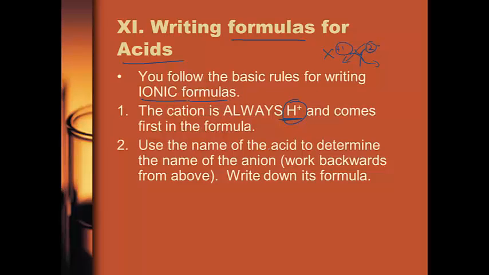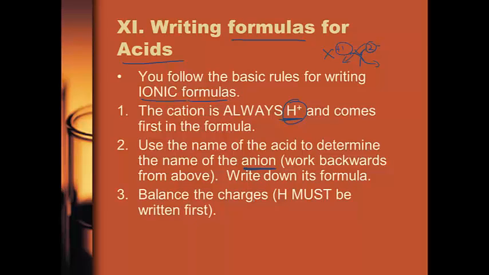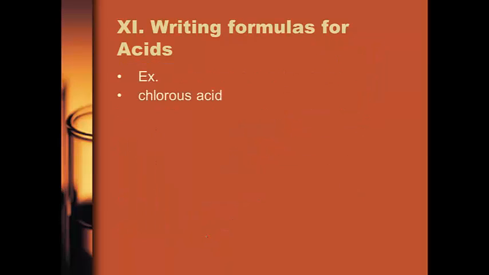The name of the acid will tell you what the anion is. So work backwards. Write down the formula, and balance the charges. And then the last thing, add aqueous to the end of it. So let's try some. Chlorous acid.